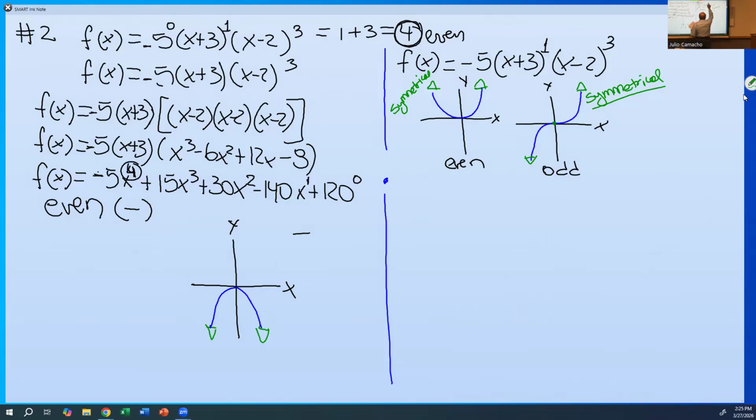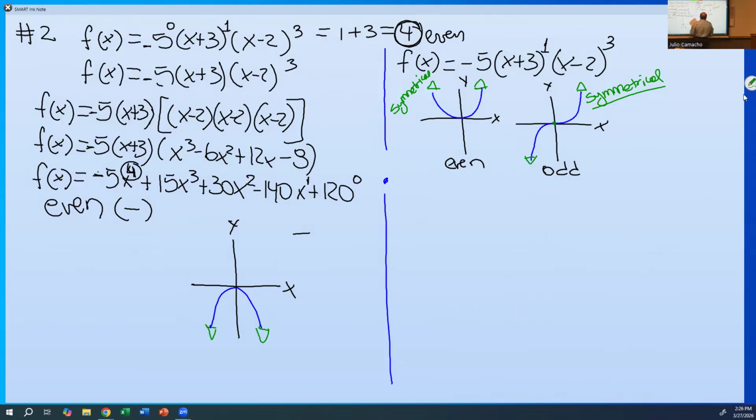It is when we need to set -5, x plus 3 and x -2 to 0. We need to set it to 0. All the answers will be the zeros of the polynomial, or the values of x, or the places where the line is touching or crossing the x-axis.